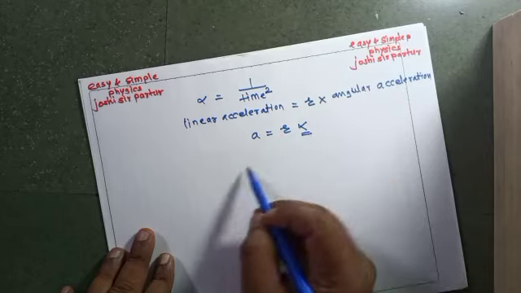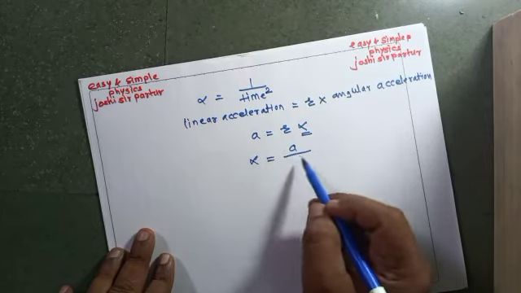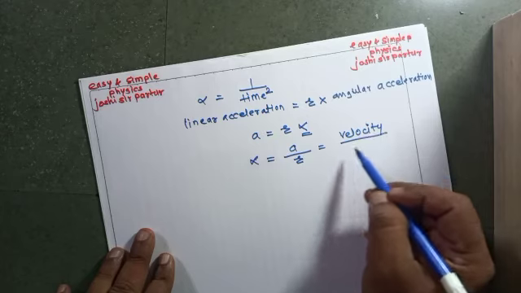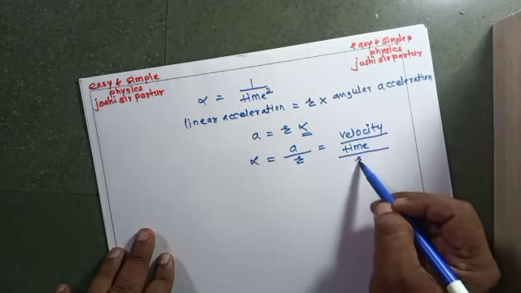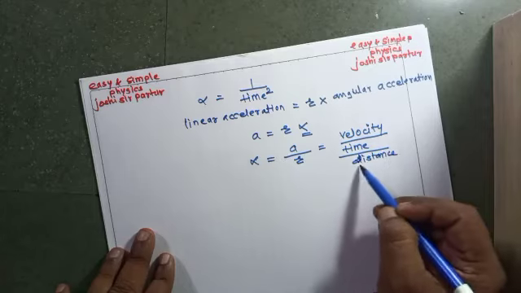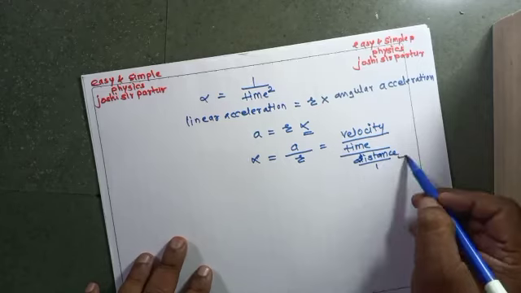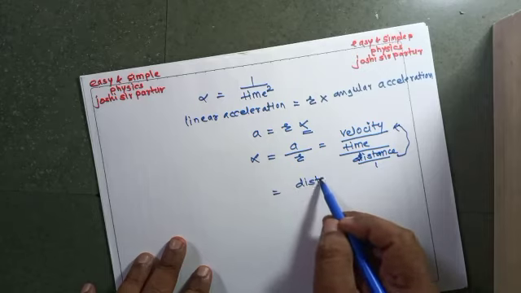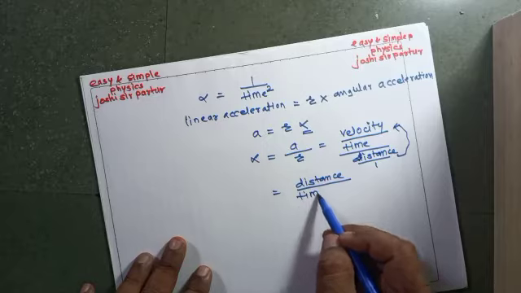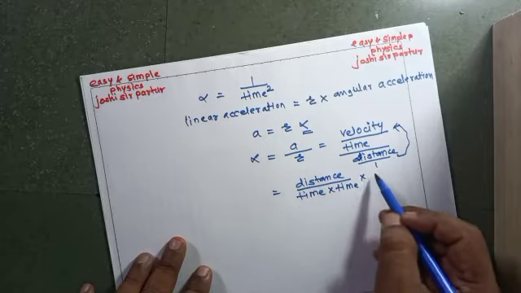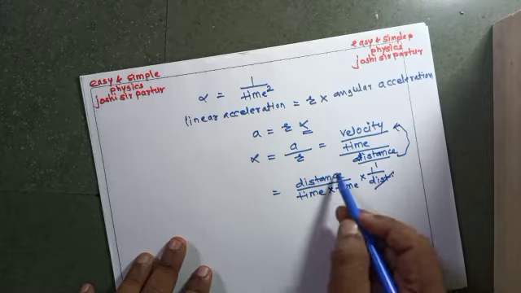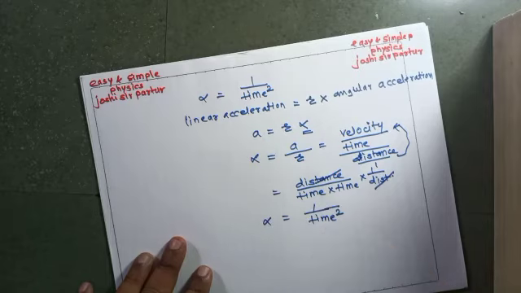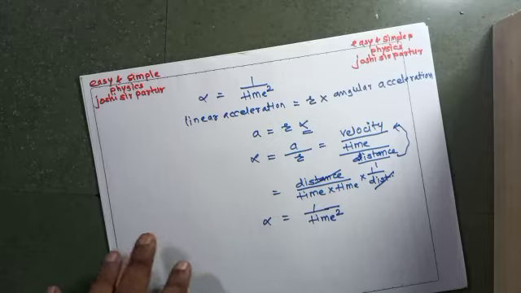Alpha equals a upon r, and acceleration is velocity upon time, so distance gets cancelled and alpha is 1 upon time square.